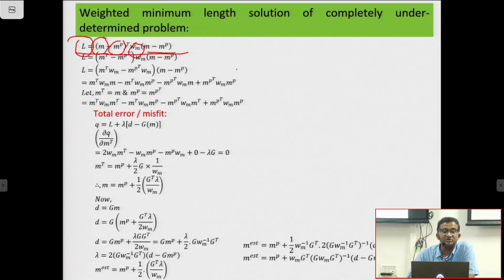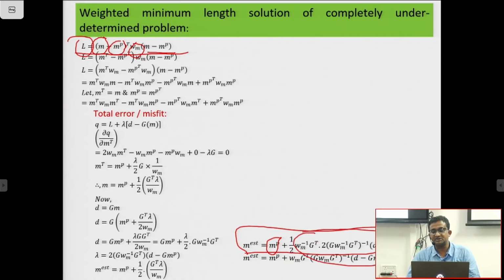In that case, this prior state of information can be very useful to start with the initial model, and that can give you expressions about how our estimated model can be provided in terms of your prior state of information of the model parameters with the associated expressions.